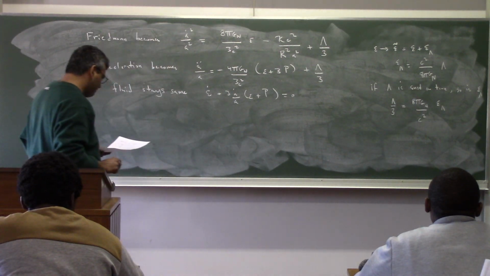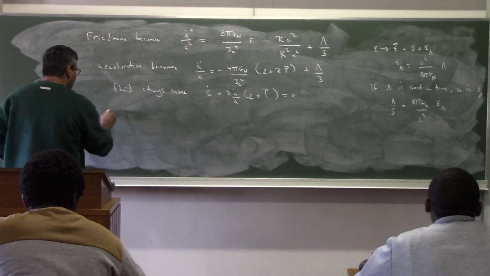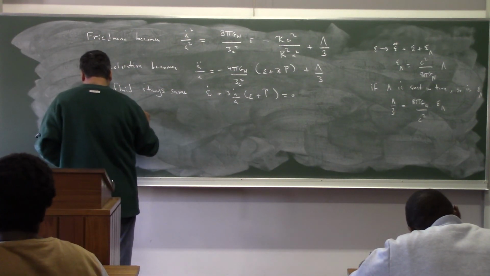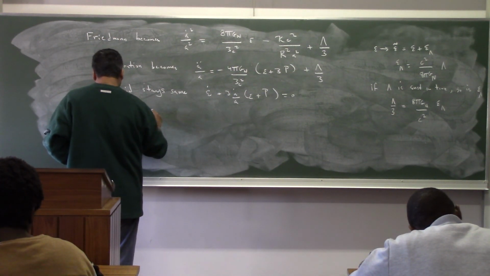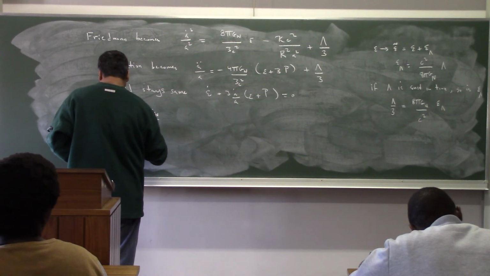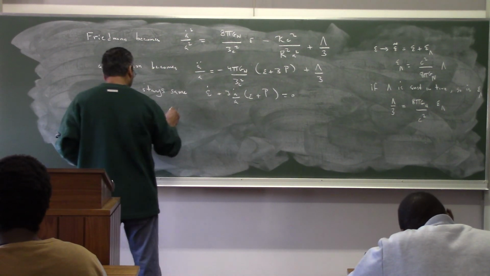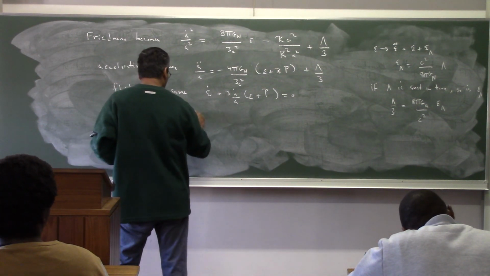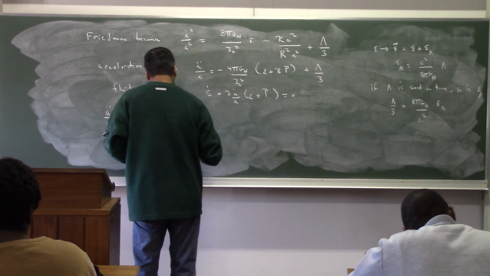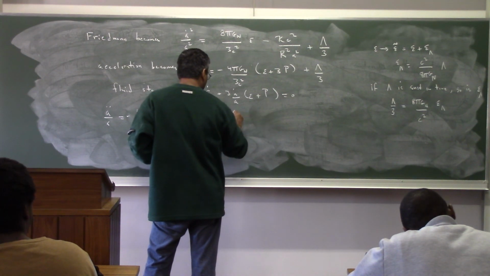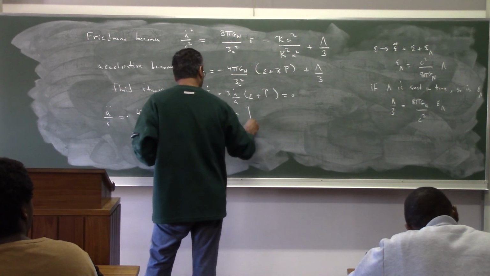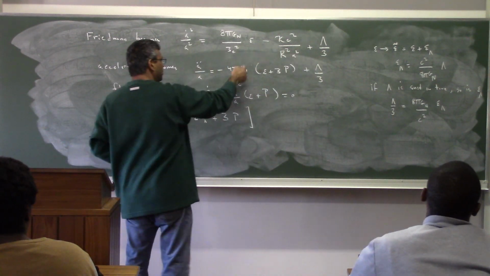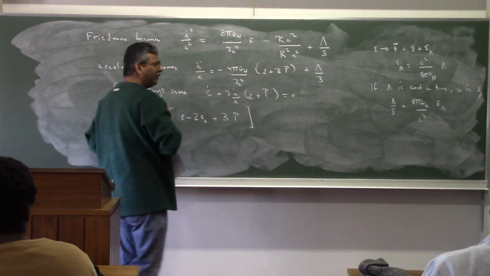And we then have a double dot over a is minus 4 pi G Newton over 3c squared times epsilon minus 2 epsilon lambda plus 3 times the pressure. I'm just pulling this lambda over 3 into this expression here.